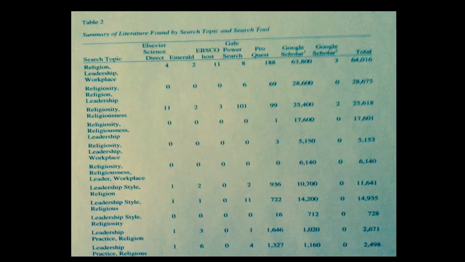And you combine that with the others he looked at, he had 64,000 items that he perhaps looked through to help define the literature that he wanted to use in his study. Doesn't necessarily mean he used them all, but it means that how many items were there. You can see literally where he went and found information. This is the power of putting the table together here, is that a reader can very quickly read this and gain a sense for exactly what the search topics were and the different areas where this author went to look to find the information.